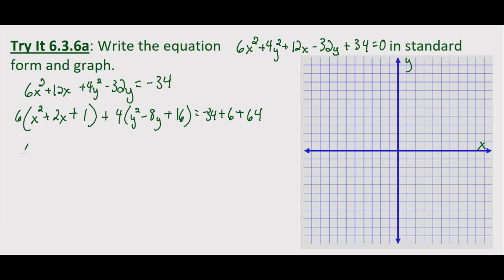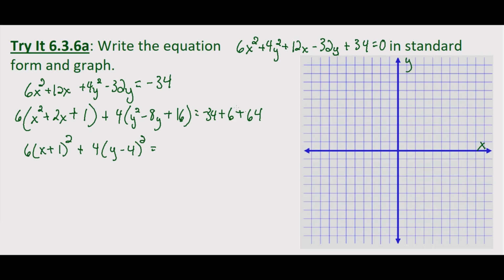So then this gives us 6 times x plus 1 squared, because we completed the square, plus 4 times y minus 4 squared, again because we completed the square. We know it's minus because our y term is being subtracted from y squared, equals negative 34 plus 6 plus 64.